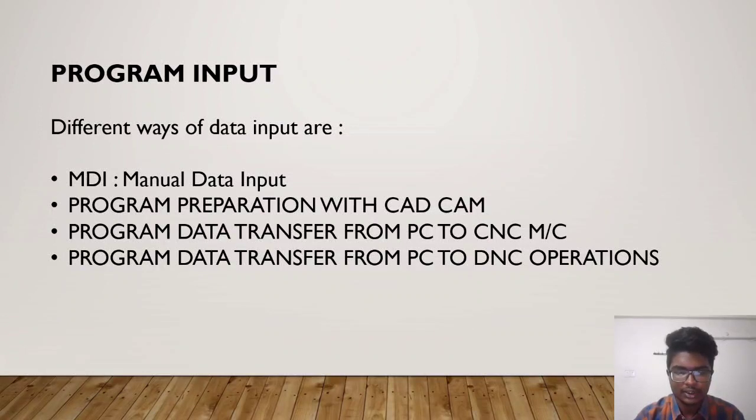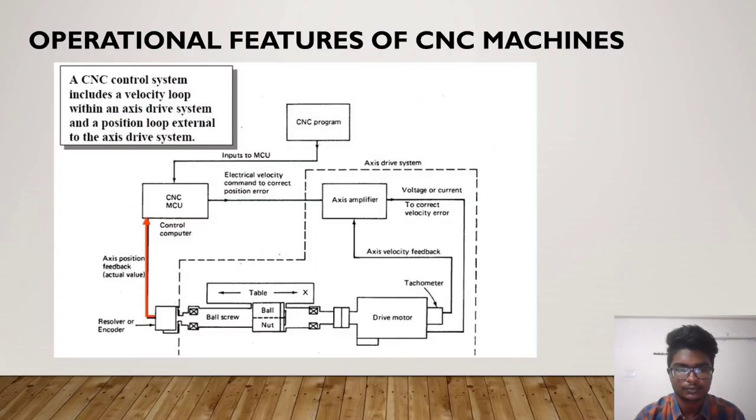There are different ways of data input, like manual data input, program preparation with CAD or CAM, program data transfer from PC to CNC machine, or program data transfer from PC to DNC operations.